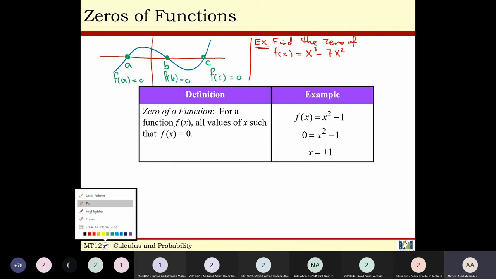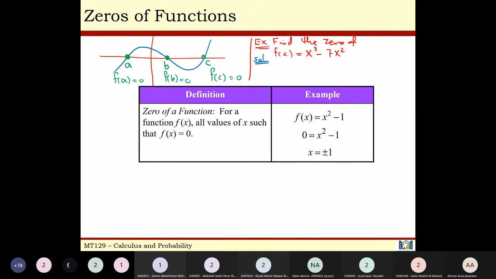The solution: x to the power 3 minus 7x squared must be equal 0. This is the zeros of function. The zeros of function mean put f of x equals 0 and solve the equation.